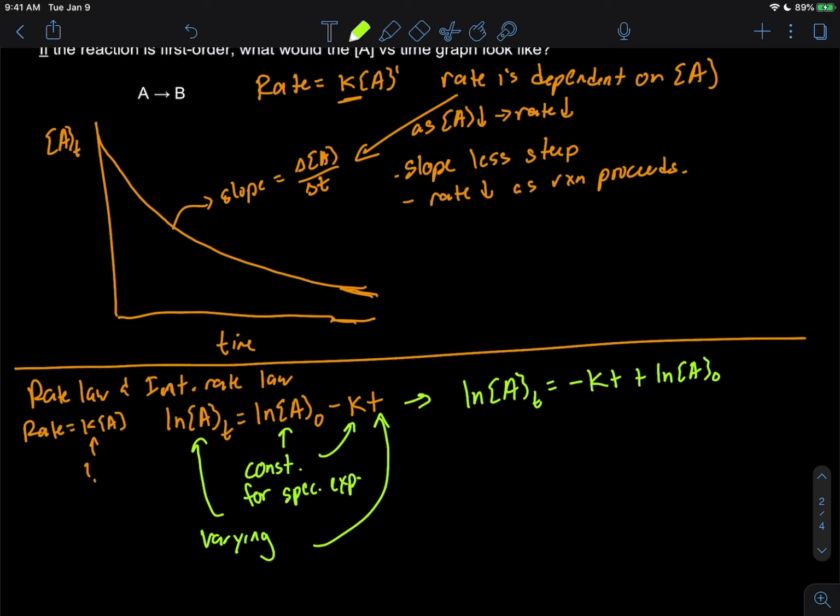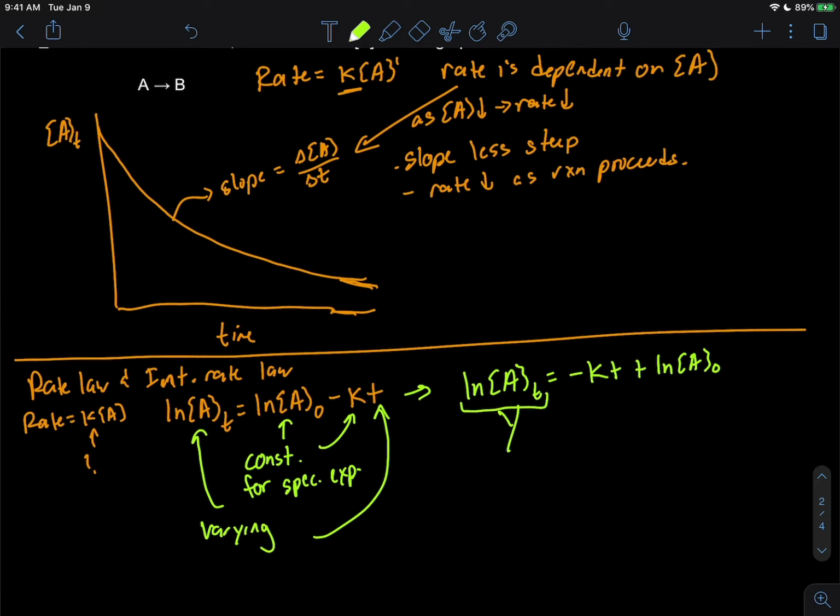If we plot natural log of concentration on our y-axis and t on our x-axis, we should get something linear, where our slope is equal to negative k, and our y-intercept is equal to the natural log of our original concentration.